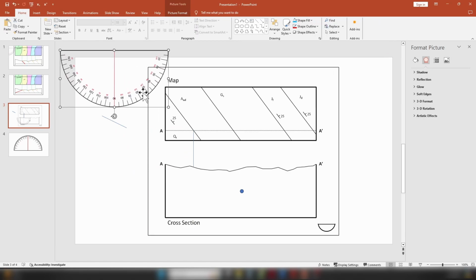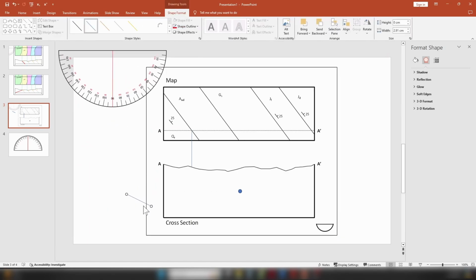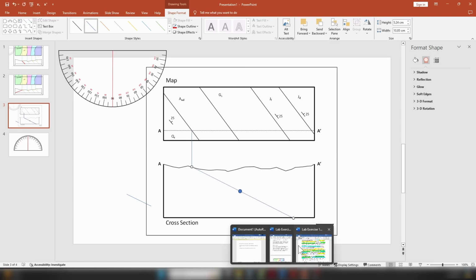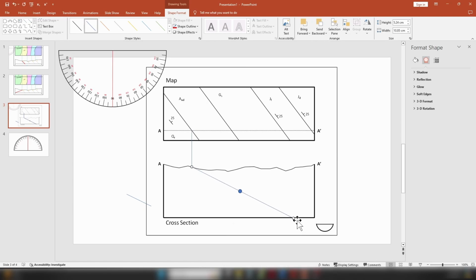I'm going to move your protractor. And then, depending on the technique you're using, you will then either draw your line with a ruler going through that point. Going to come down there, and of course it's going to terminate at the margin of our cross section. The line is going to stop there. So that's if you're using the method where you are printing off this diagram. You are then taking a protractor and a ruler in order to draw the boundary. So that's the first possibility.